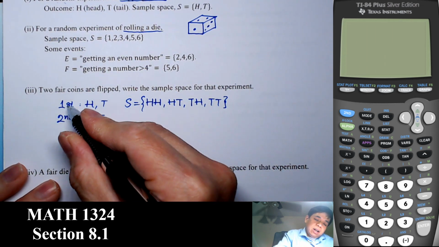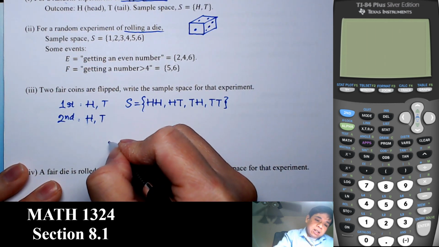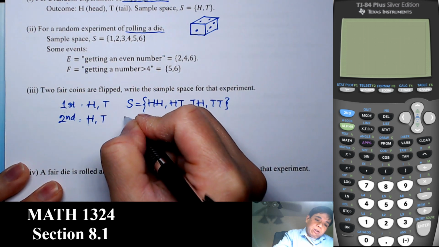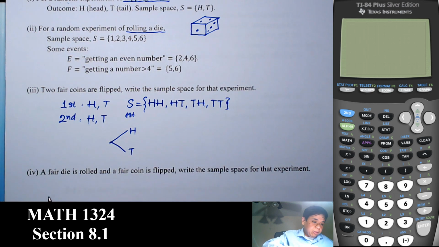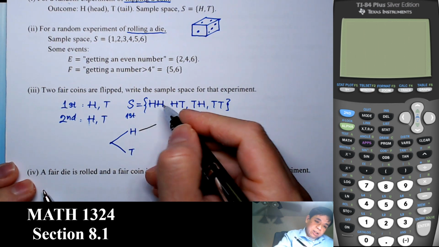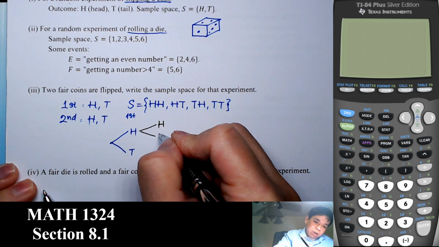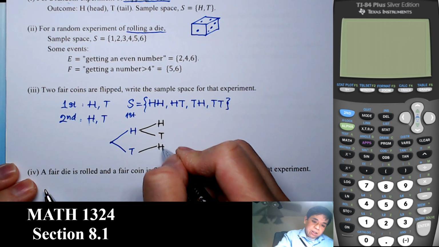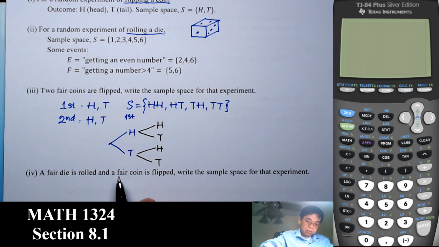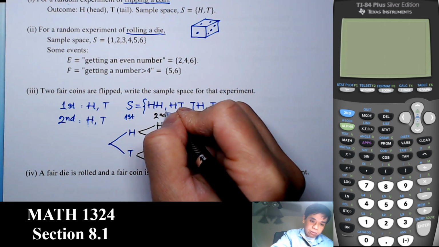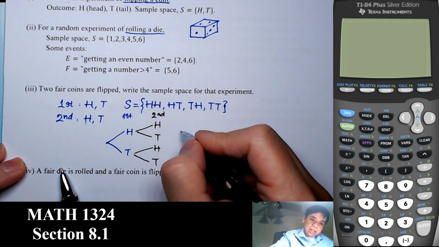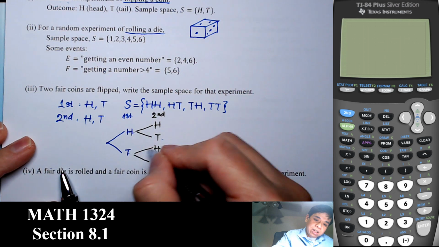We can draw a tree diagram. For the first coin, we can have a head or a tail. On the second, we can have a head or a tail, a head or a tail for the second. So in that case, we have head, tail, head, tail.